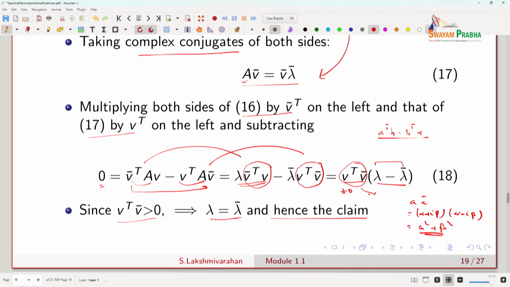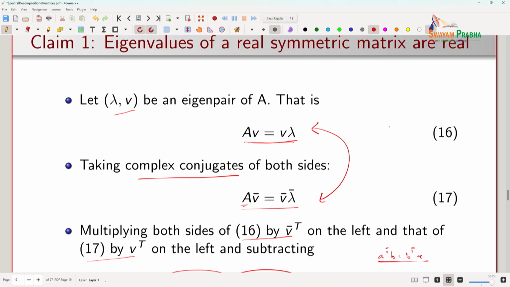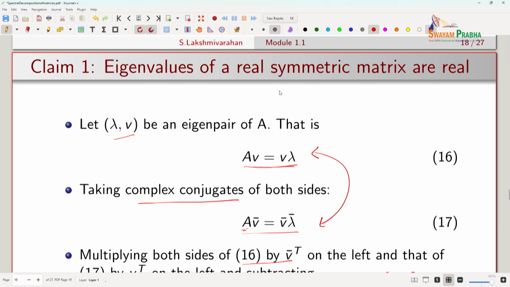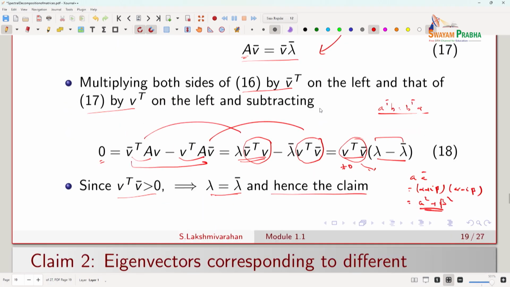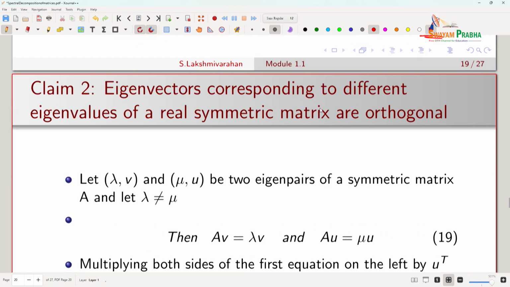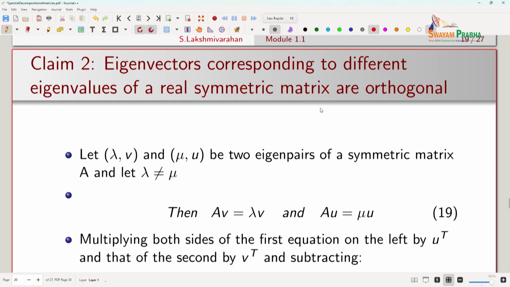So far I have assumed this result. For the first time I am proving that the eigenvalues of a real symmetric matrix must be real. So, you need to augment your understanding by proving some of these results like this. What is claim 2?